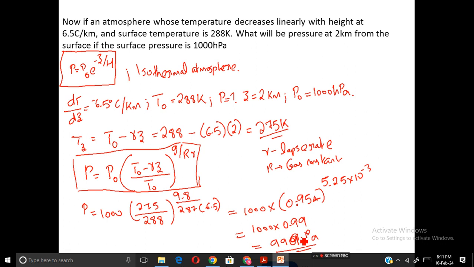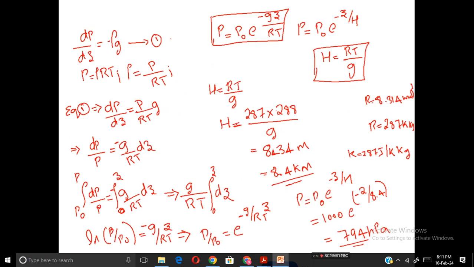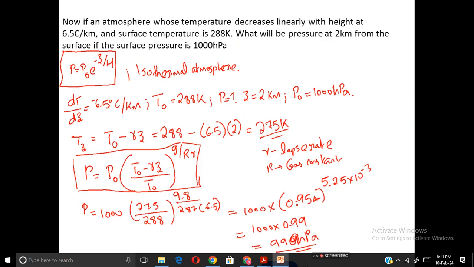I think you have got the answer. So it is having a change of distance, I guess. The same thing we have done earlier also. When we were considering an isothermal atmosphere, it was coming around 794 hectopascal. And at a height of 2 kilometers, when we did it again, it is coming close to the surface pressure only, like 999 hectopascal. So there is not much change in the pressure when we are considering the real case.